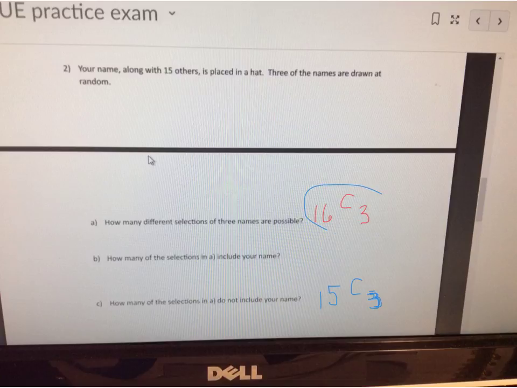If this is the total number of ways to choose with your name in, and this is the total number without your name, then if we just take A minus C, we'll get that answer because that would tell us how many extra there are that include your name. And that's the easiest way to do that. Sometimes these are just logic. So let's switch pages one more time.